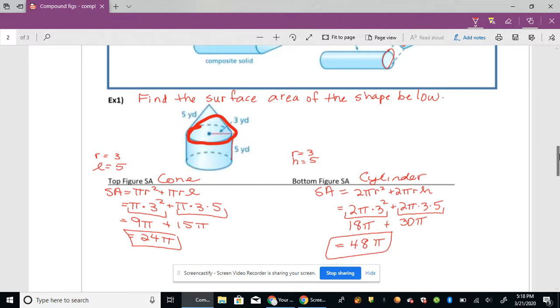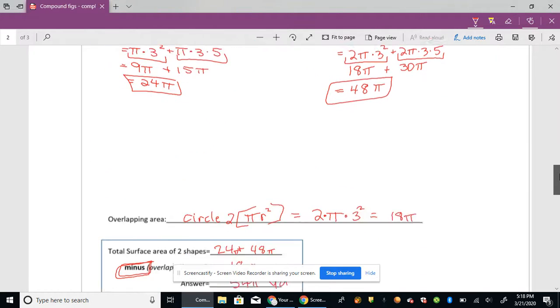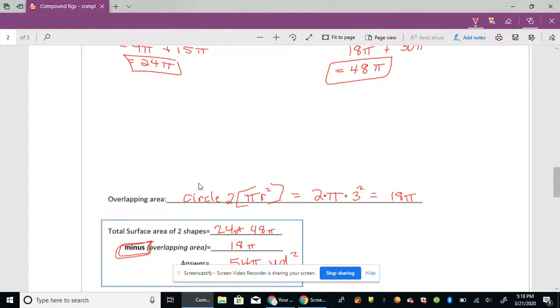So we need to get rid of those 2 circles. So the overlapping area is 2 circles. The formula for circles is pi r squared, but there are 2 of them. So my formula is 2 pi radius squared, and my radius is still 3. So 3 squared is 9, and 9 times 2 is 18, and then you bring pi along.